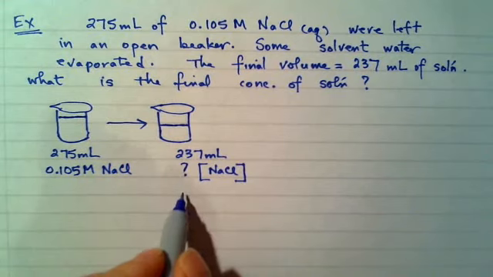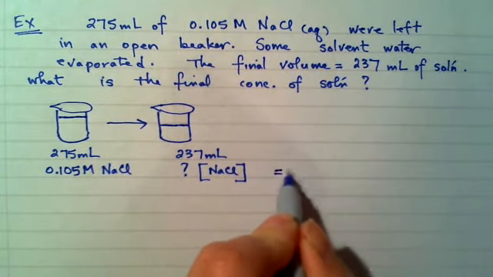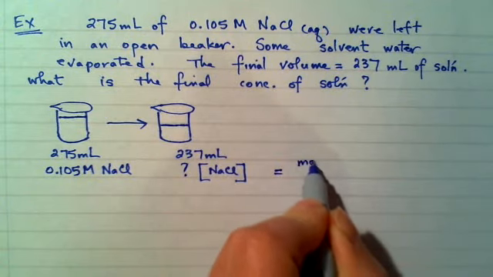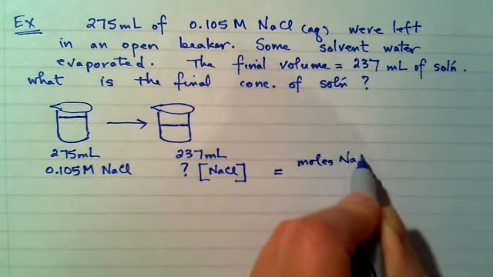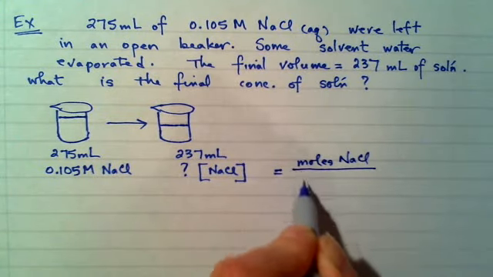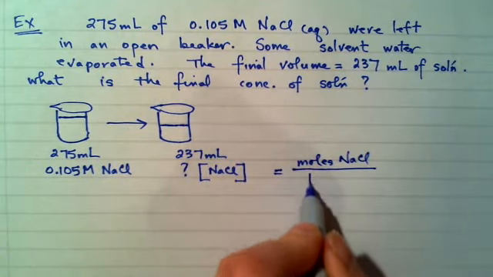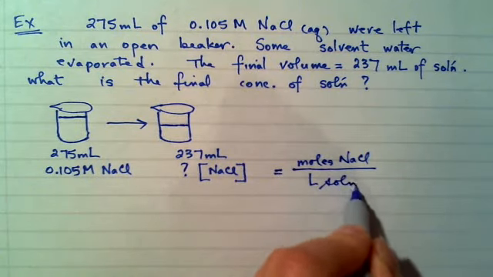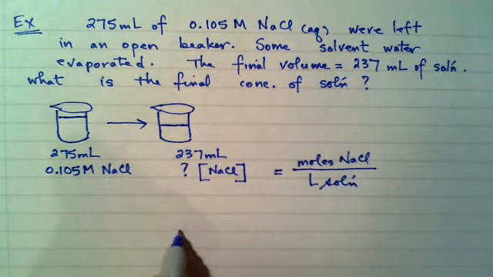So concentration, as we say, is actually equal to, in this case, the number of moles of sodium chloride per liter of solution. Okay, so let's fill that in. Let's put it down here so I have some more room.